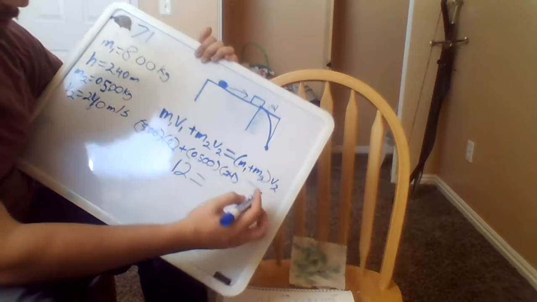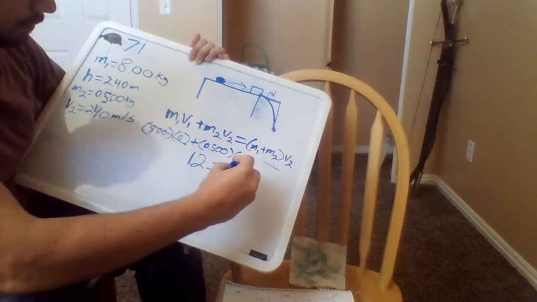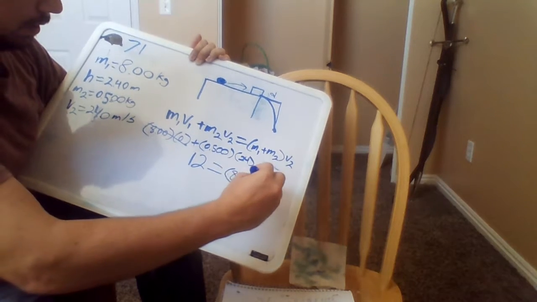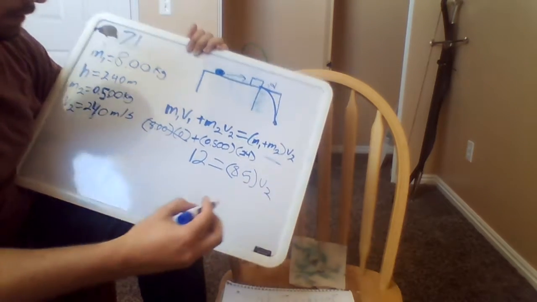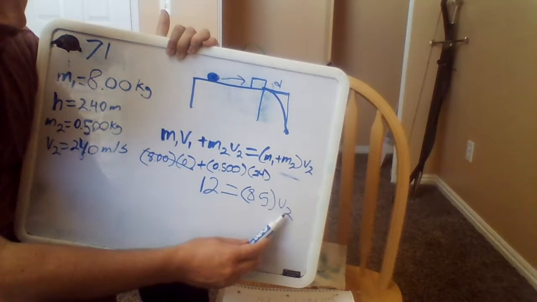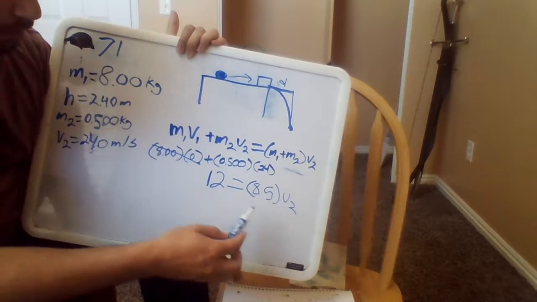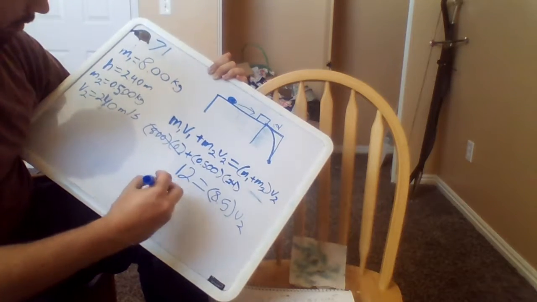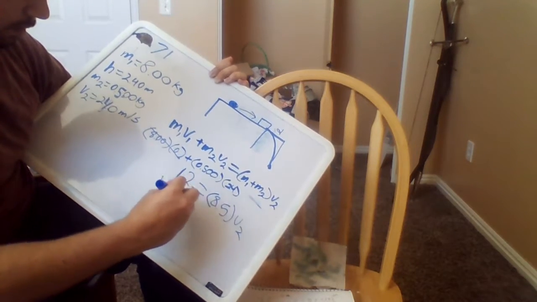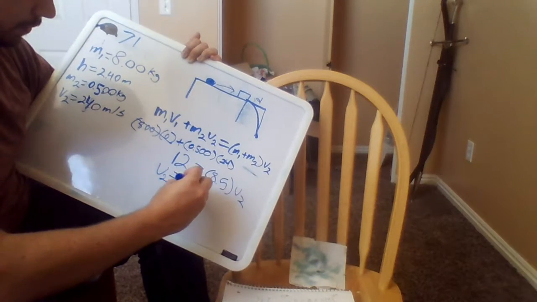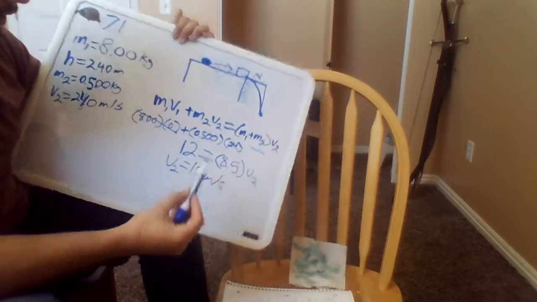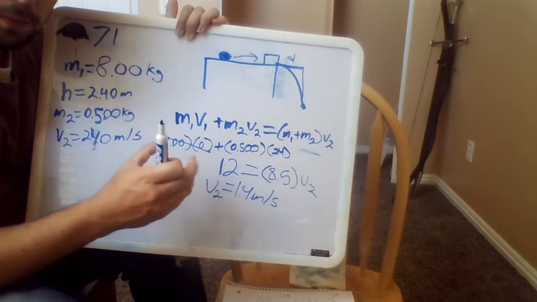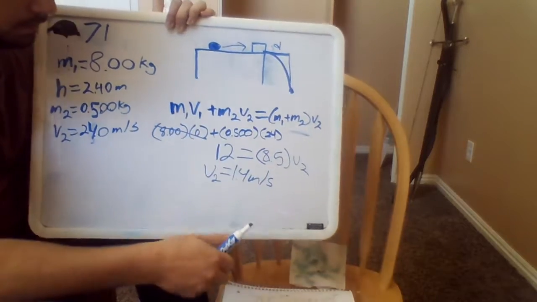So we have 8.5 times V2, and then we just want to solve for V sub 2, so we're going to divide by this 8.5. And so we'll say V2 equals 1.4 meters per second. So 1.4 meters per second is the velocity that these objects are both traveling together.